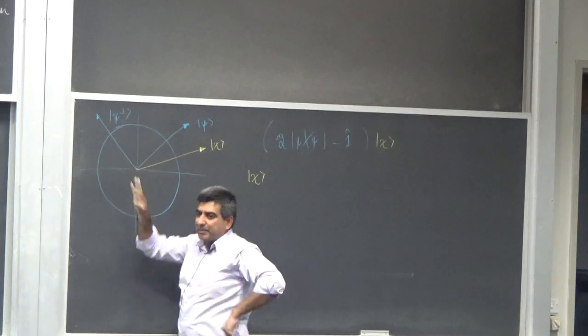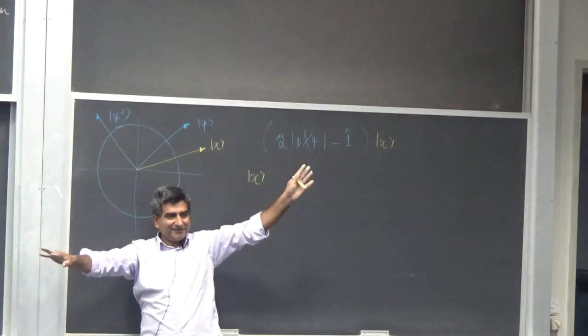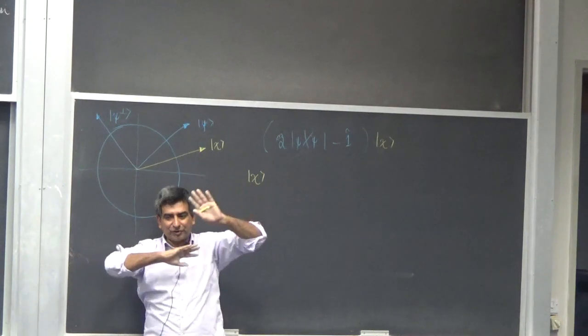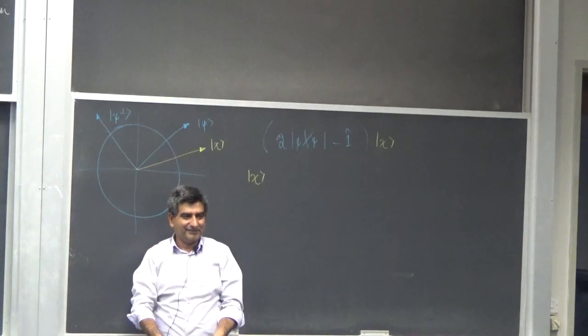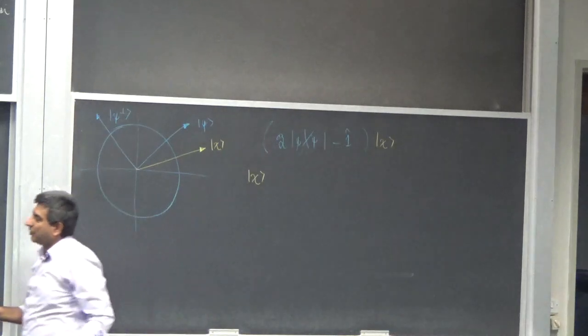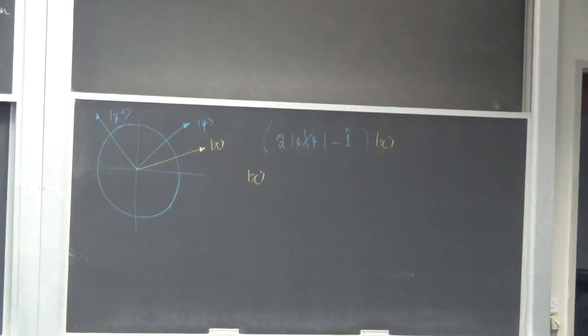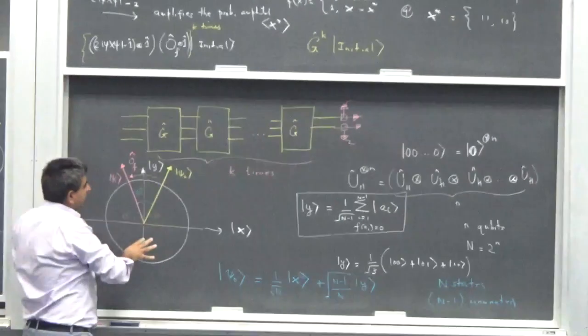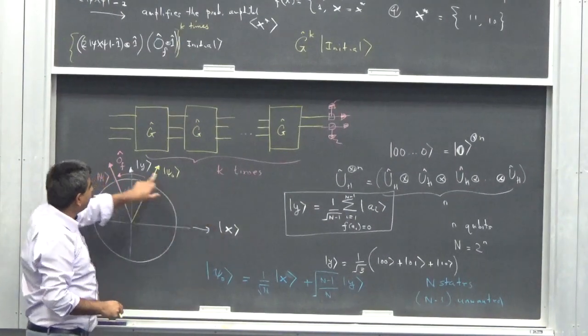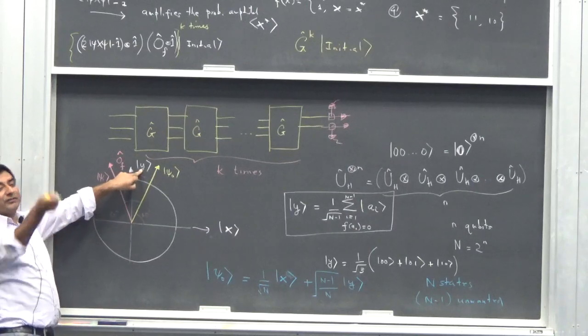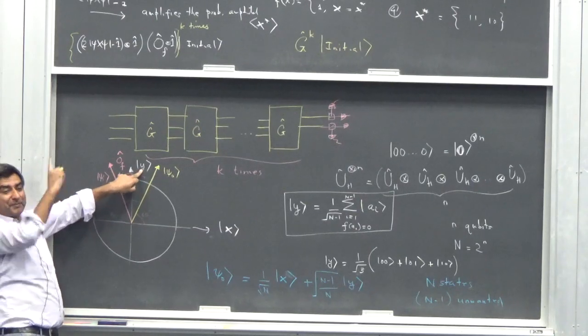Chi and chi perpendicular are two vectors orthogonal to one another, and they span the entire basis. Why do they span the entire basis? Because in this geometrical representation, if this is ket x, then this is all the rest, ket y is all the rest of the basis states.